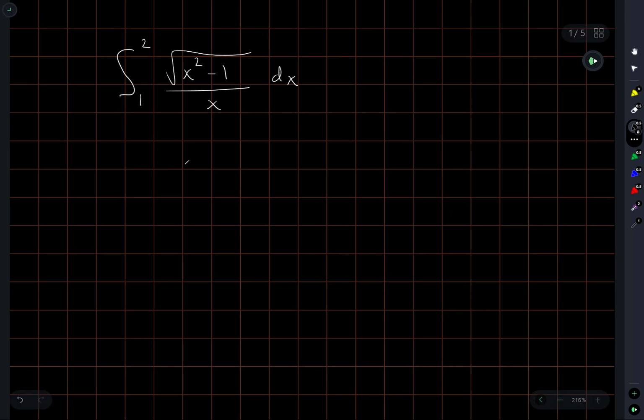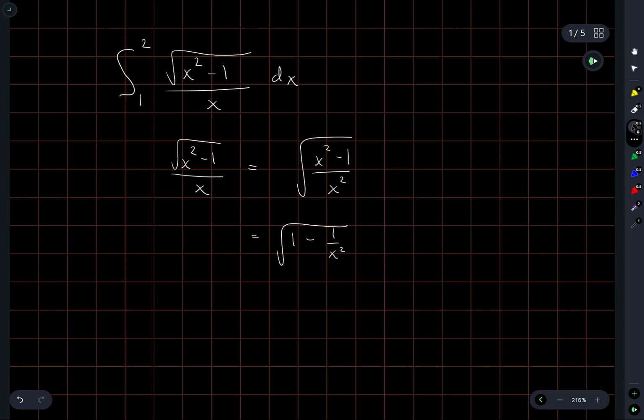Okay, let's just see what happens if I bring the denominator under the square root sign. Does this make my life any easier? Doesn't really look like it.